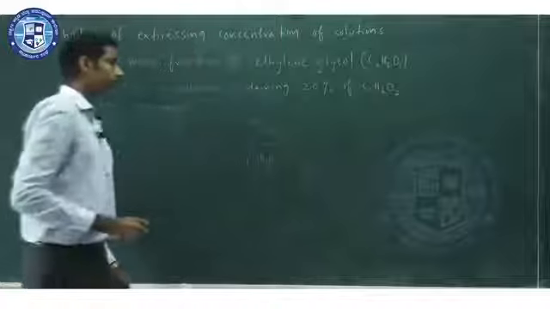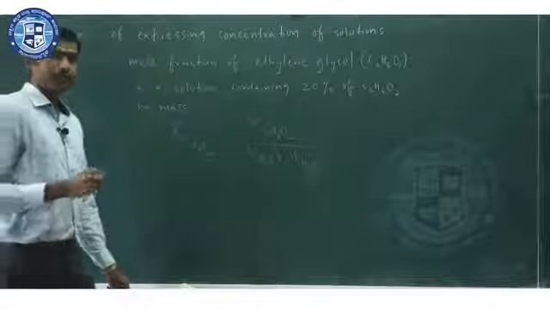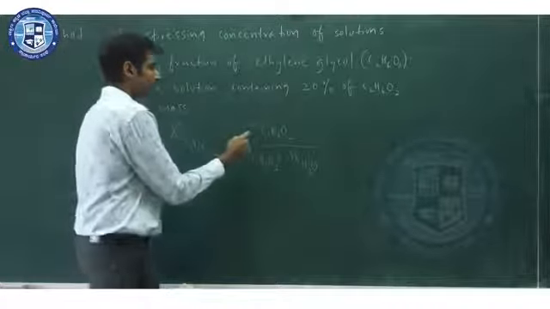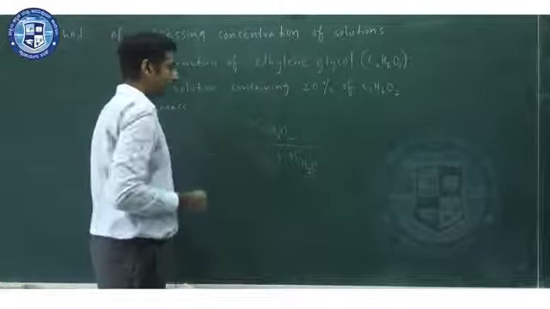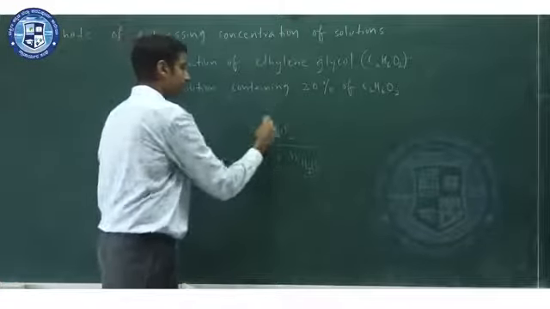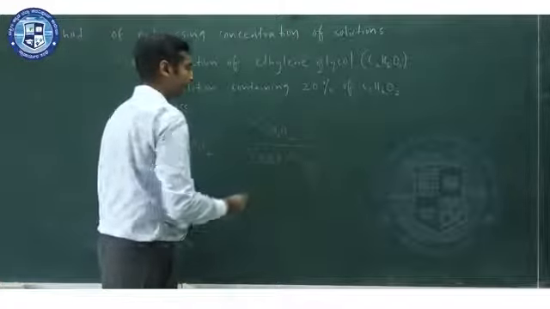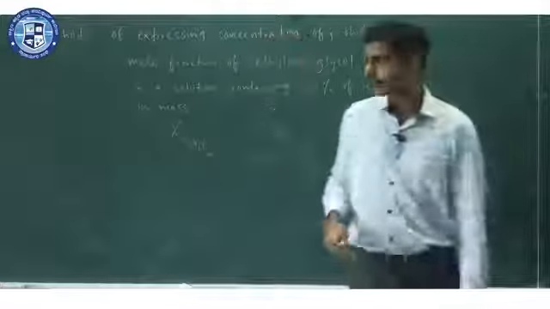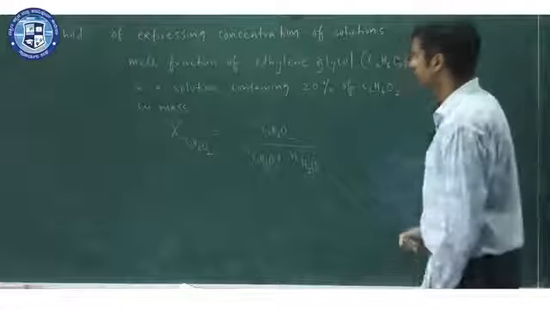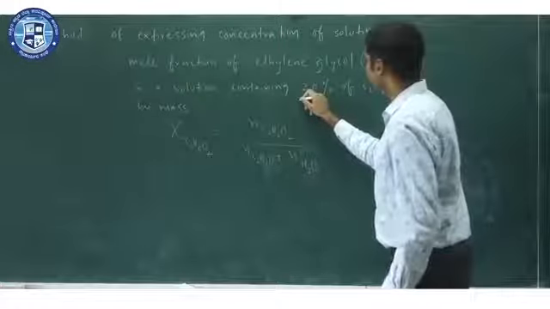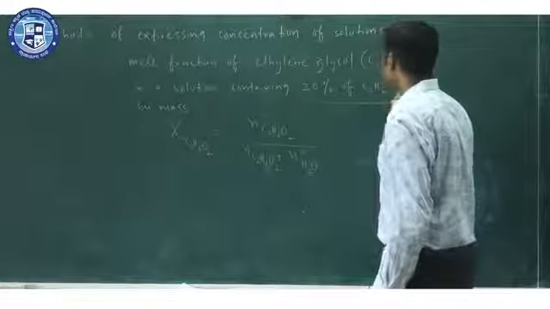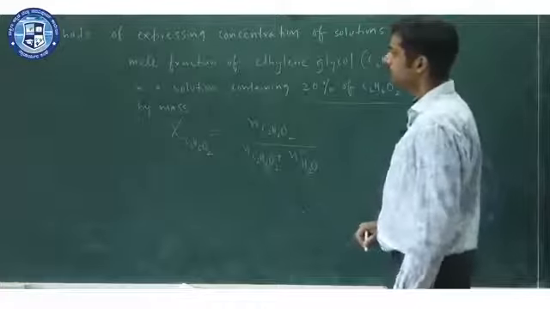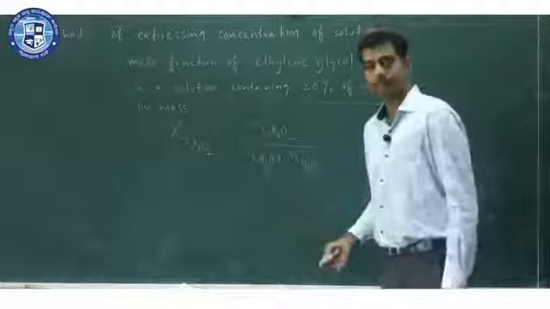Ethylene glycol is dissolved in water. So if you want to find out mole fraction of ethylene glycol, you have to first calculate number of moles of ethylene glycol as well as number of moles of water. How do we do this? They have mentioned that the percentage of ethylene glycol is 20 by mass.